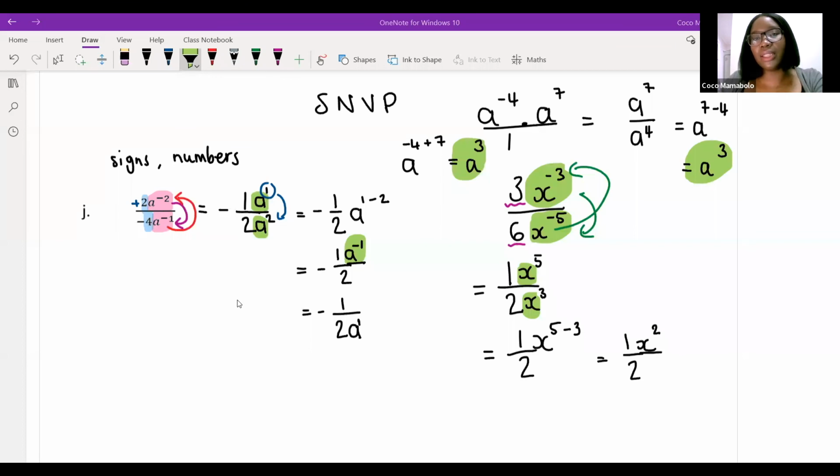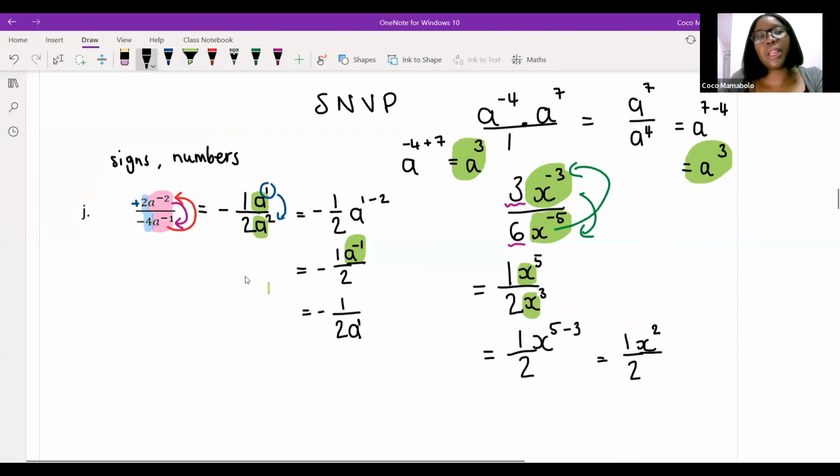Okay, which one? The way I calculated it, my answer was -a to the power of -2 over 2a to the power of -1. So the way I calculated was canceling the terms that are both in the numerator and the denominator. So I'm not sure if I was right or wrong.